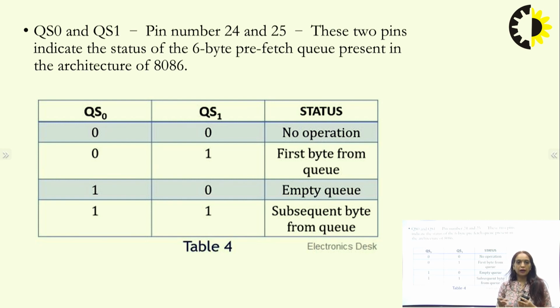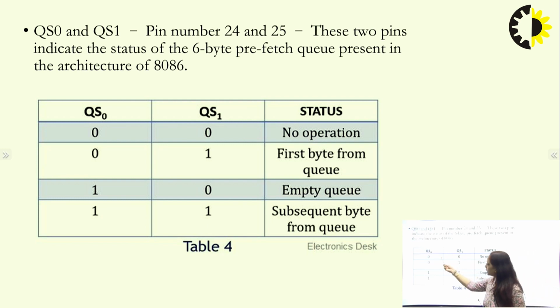Pipelining states that while an instruction is executing, the microprocessor fetches the next instruction and stores it in a queue, so that time is saved and execution can be done in a parallel, pipelined way. So these QS1 and QS0 will tell you the status of the queue.